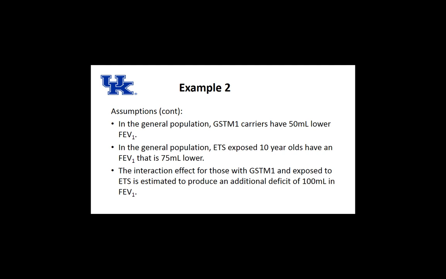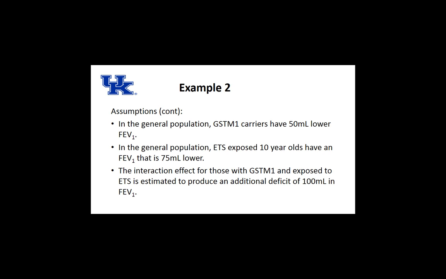So here, the fact that we're testing an interaction, we have to posit some model of that interaction. And so again, we may not know what that looks like. Hopefully we have preliminary data that suggests something to populate our power calculations.